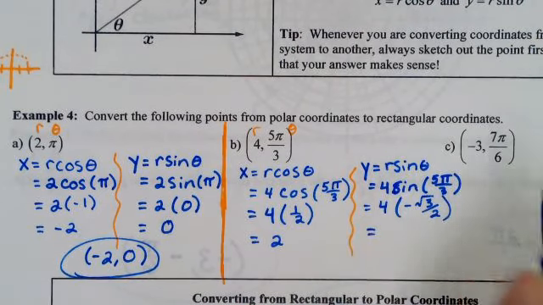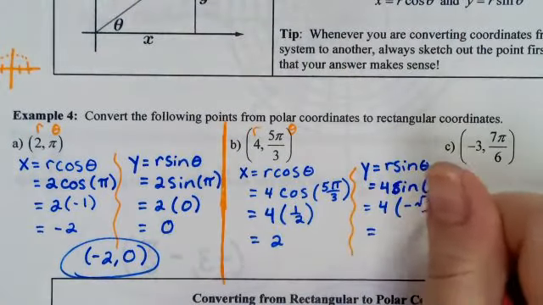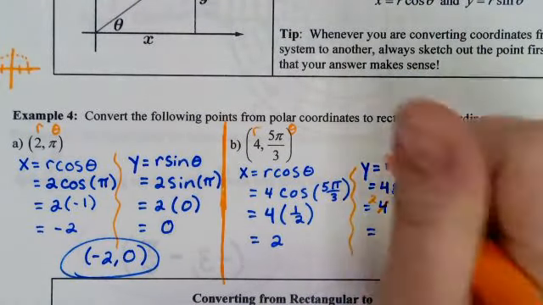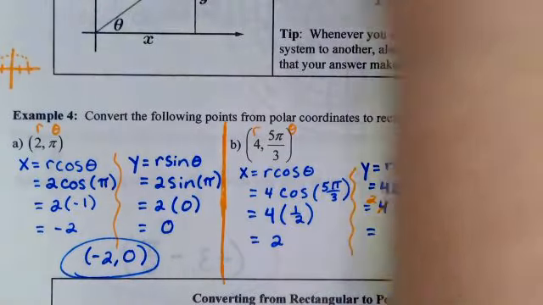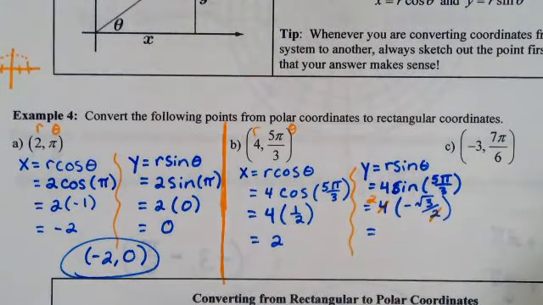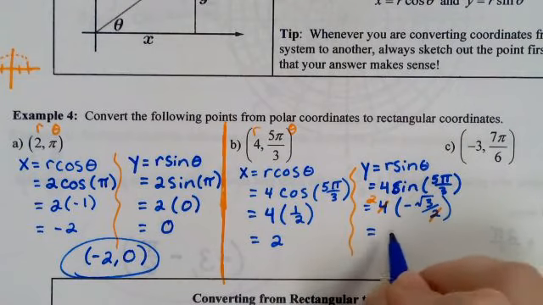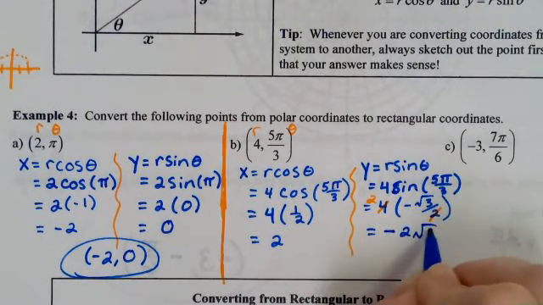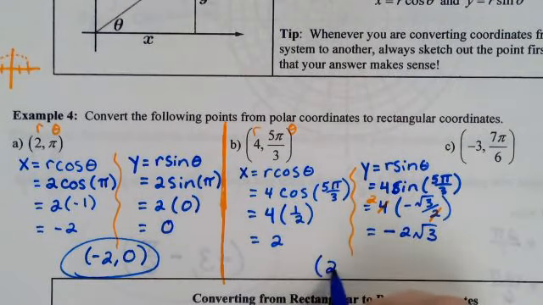And if we multiply that together, you can simplify this a little. 2 goes into 4 twice, so that allows you to clean this up a little bit. 2 times the negative square root of 3 is -2 square root 3. So my final coordinate here would be (2, -2 root 3).